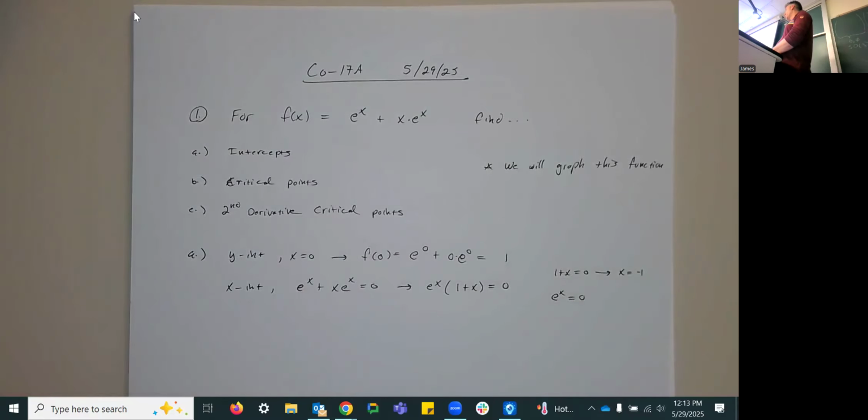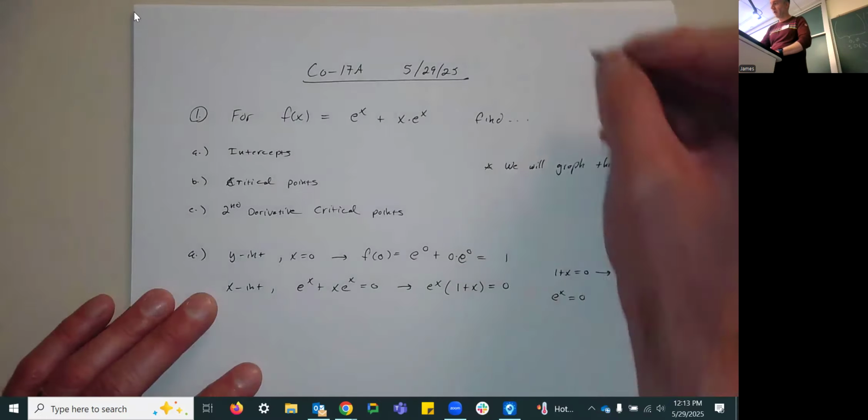Something I would encourage you to remember or say is e to the anything is always positive. Think about the graph of e to the x, right? The graph of e to the x is always above the x-axis, so it's always giving you positive value outputs. In fact, any positive number to any power is always positive.